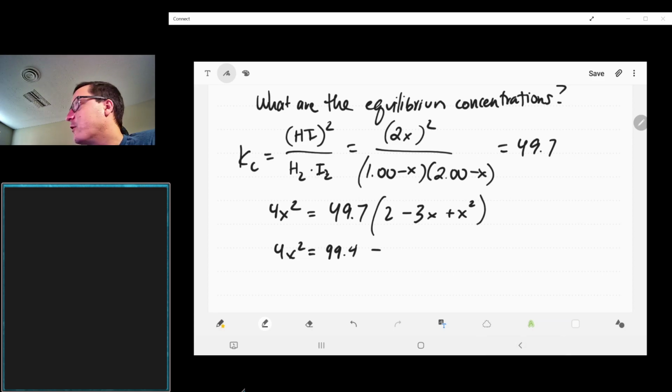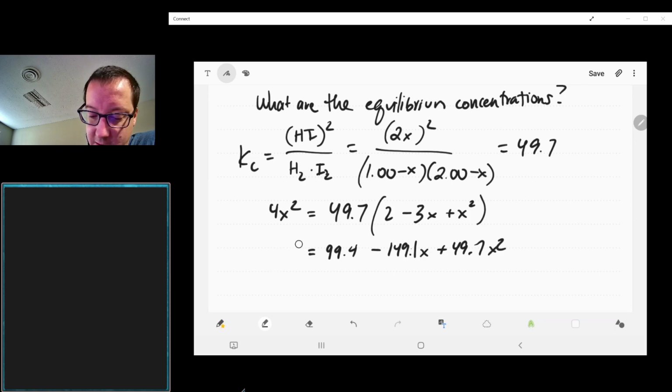Why am I trying to do stuff in my head? 3 times 49.7 is 149.1x plus 49.7x squared. Let's just subtract 4x squared. So that'll bring this down to 45.7x squared. We can throw in our quadratic formula now if we really wanted, or we use the unlimited power of the internet, which is what I'm going to do.